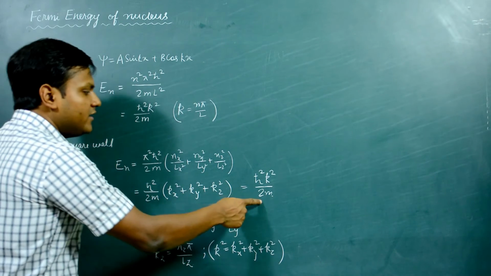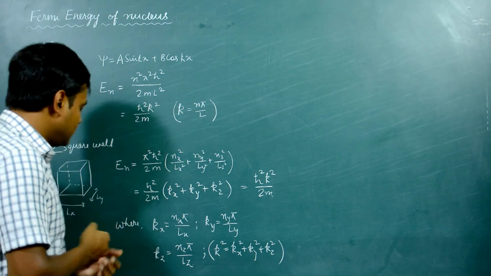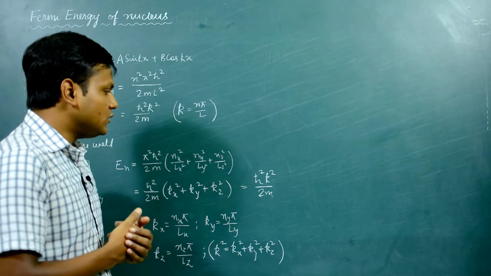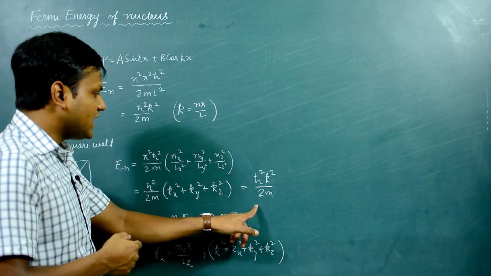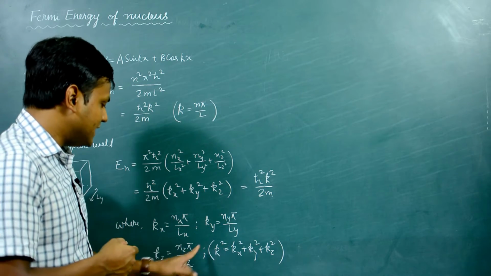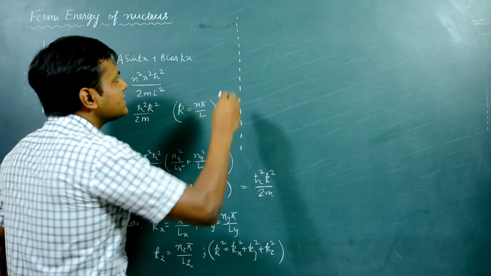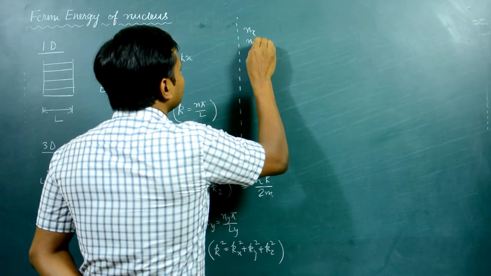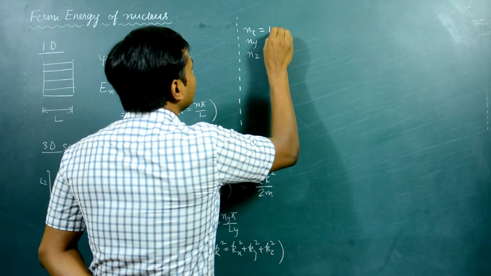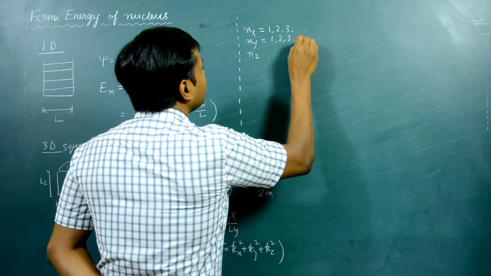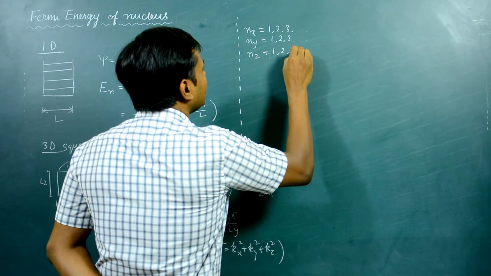So this is the energy allowed in the three-dimensional potential well, and only those energy levels will exist which are allowed by this expression, where nx, ny, nz can have integral values. So nx, ny and nz can have values of 1, 2, 3 and other integers, and so on and so forth.